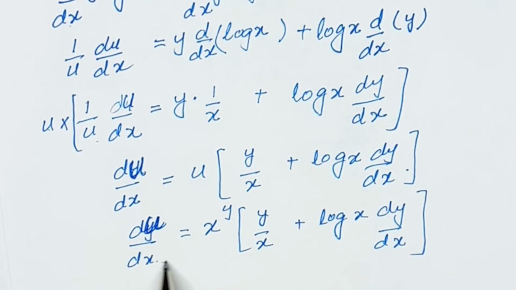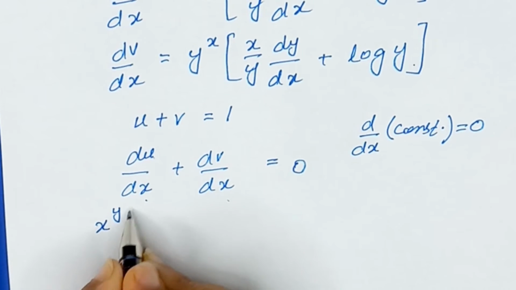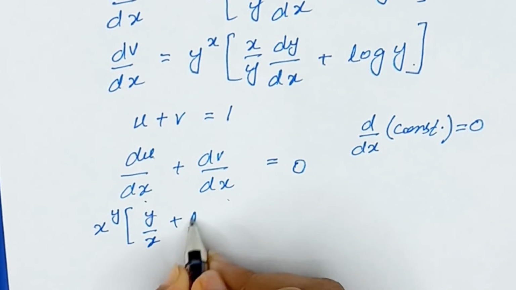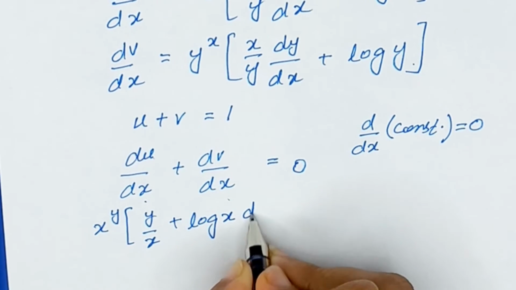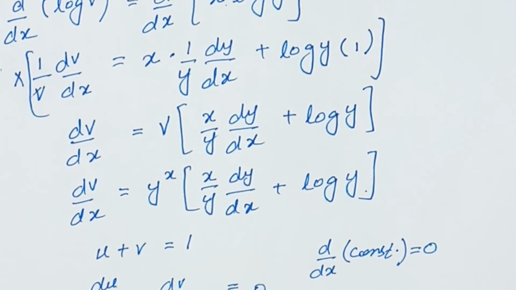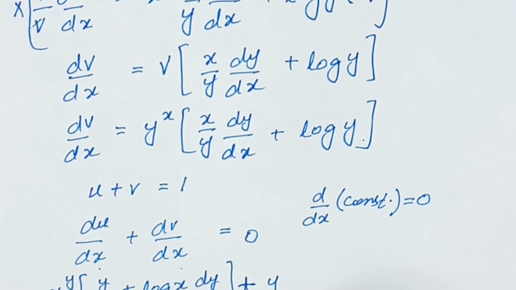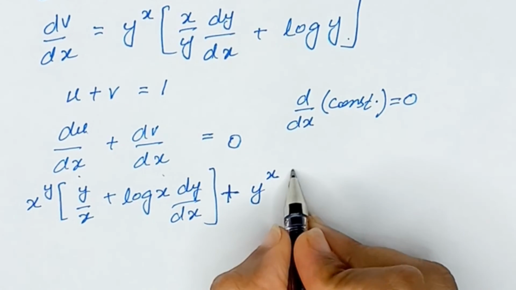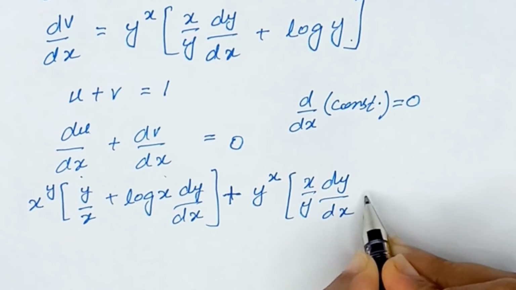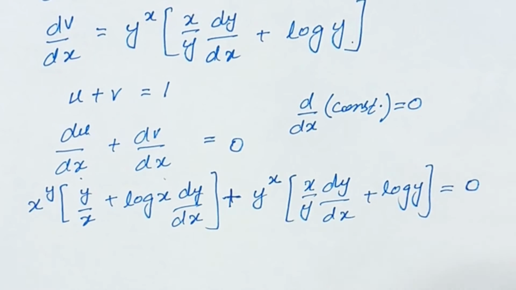So the value of du divided by dx is x to the power y, and its whole, y divided by x plus log of x dy divided by dx, plus dv divided by dx, which is y to the power x times x divided by y dy divided by dx plus log of y, is equal to 0.